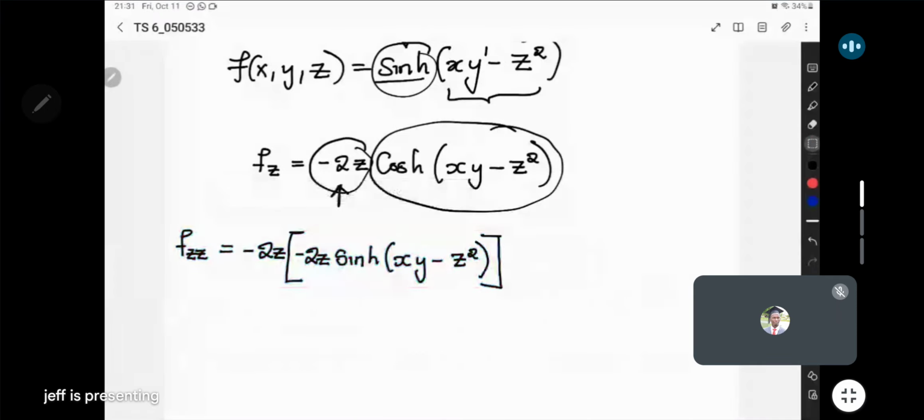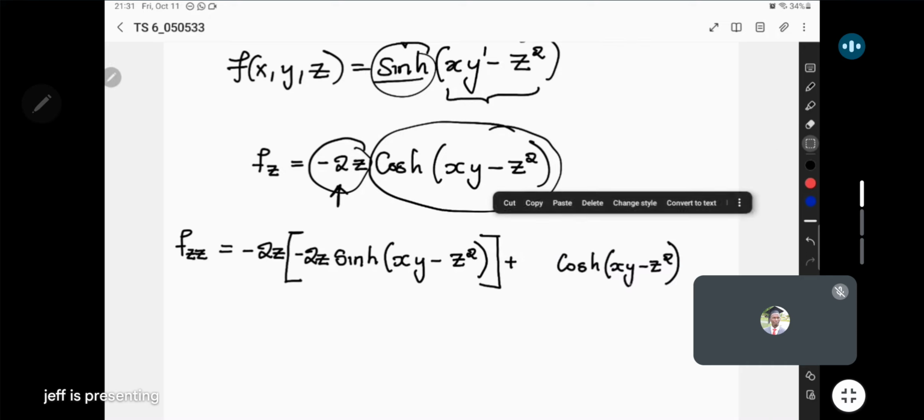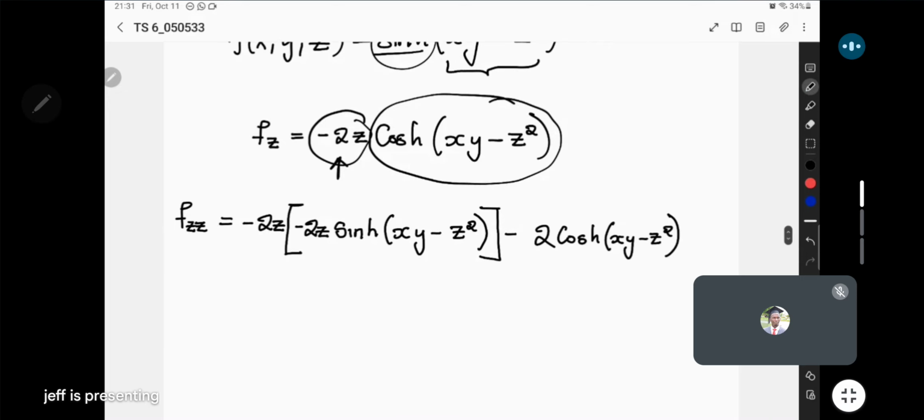Now I'll keep the hyperbolic function and I'll differentiate the minus 2z. Remember I'm differentiating with respect to z, and when I differentiate that, only minus 2 will remain. The minus 2 will make the sign between them negative. Other than that, the 2 will pop out here. So this becomes the second partial with respect to z.